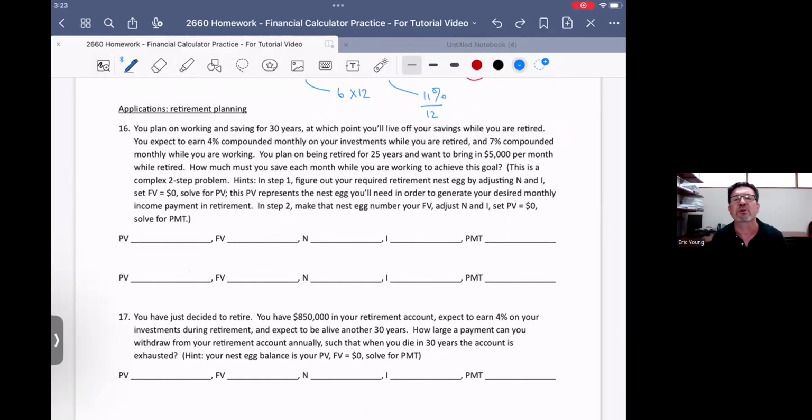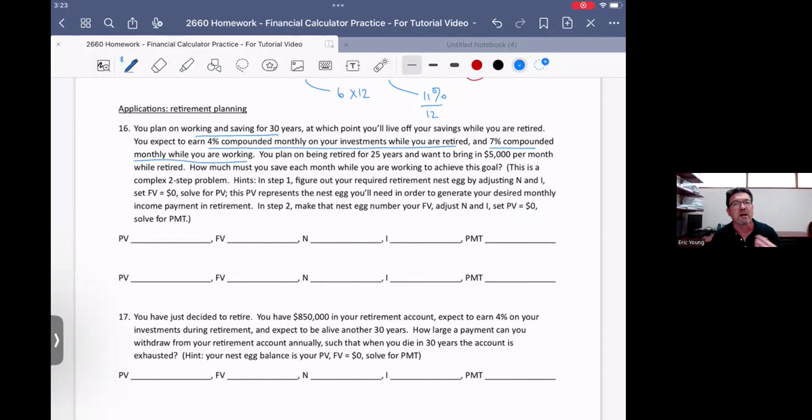Here's the hardest question you'll get in the entire course. You plan on working and saving for 30 years, at which point you'll retire and live off your savings. Good for you. You expect to earn 4% on your investments when you're retired and 7% on your investments while you're working.